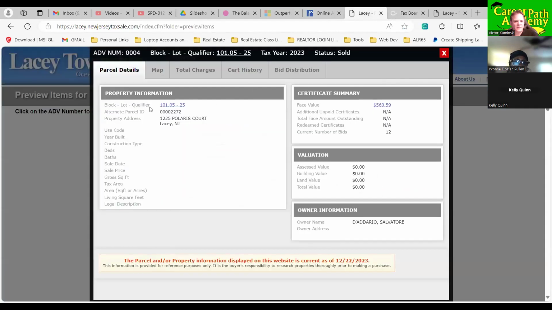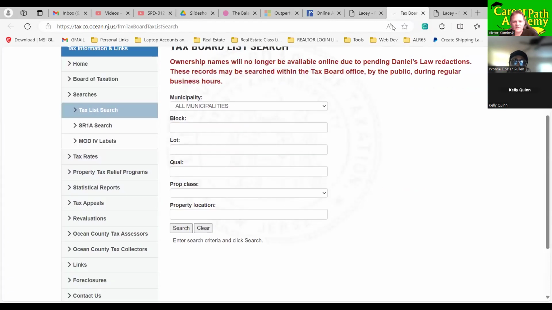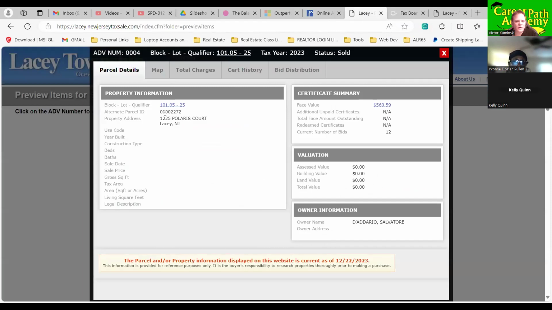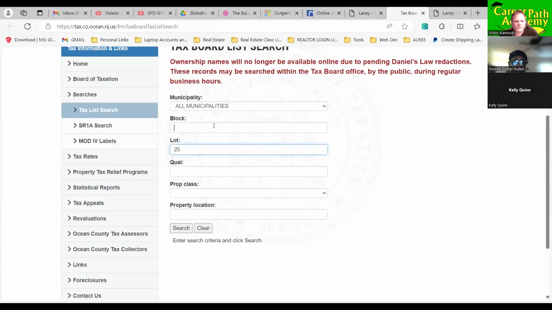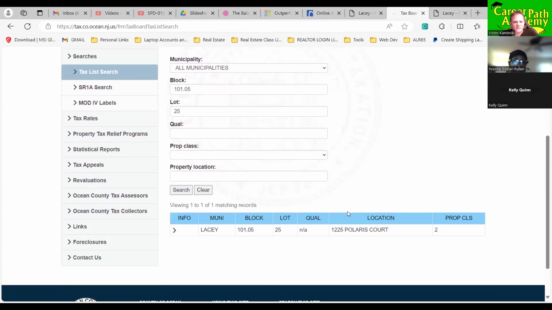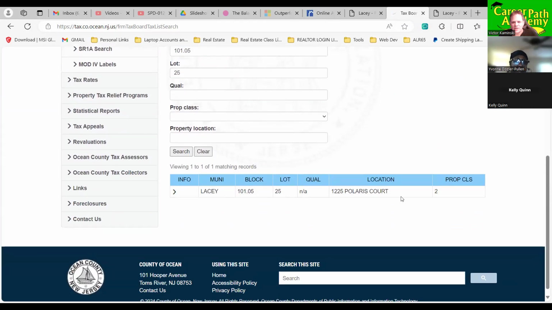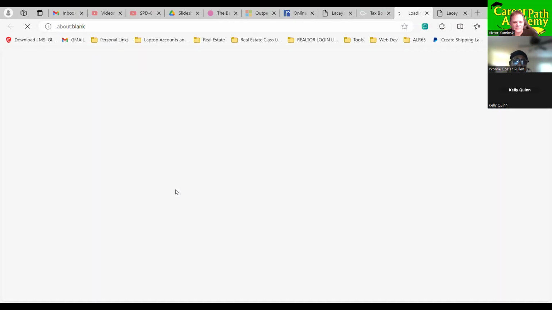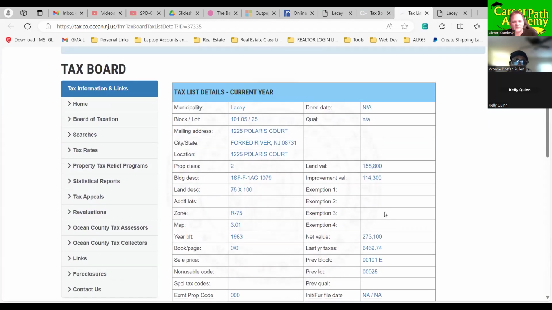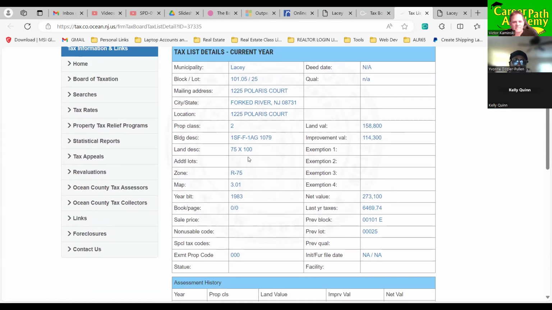Let's see, the lot number was 25, and the block number was 101.05. Let's just do a search based on that. That shows us the Polaris Court. That's the property.